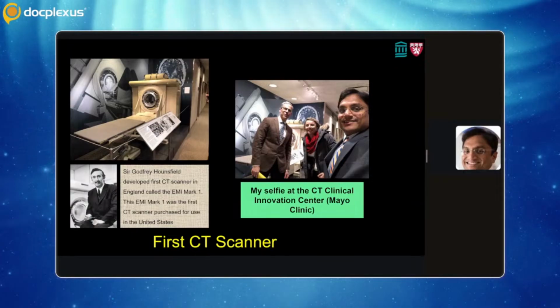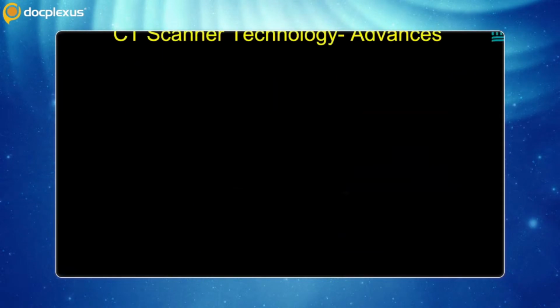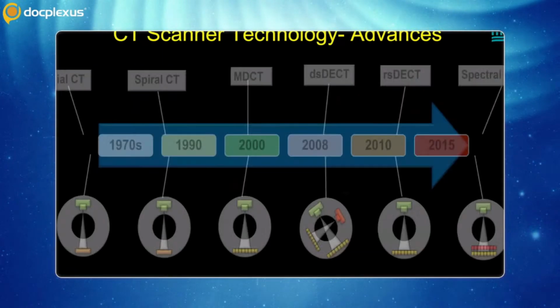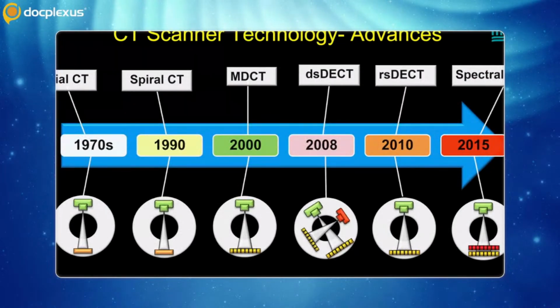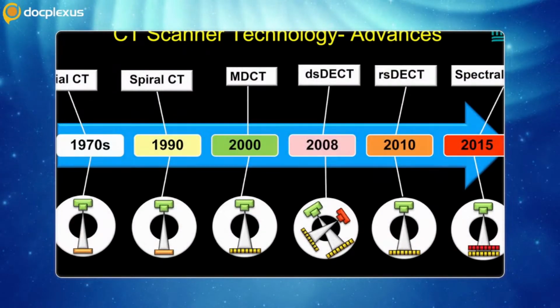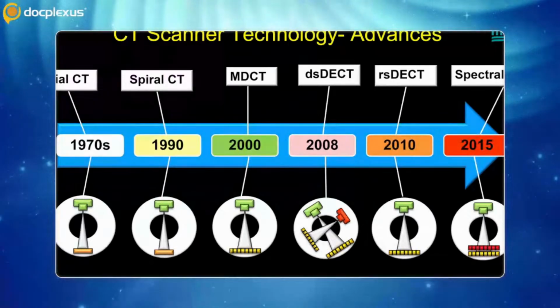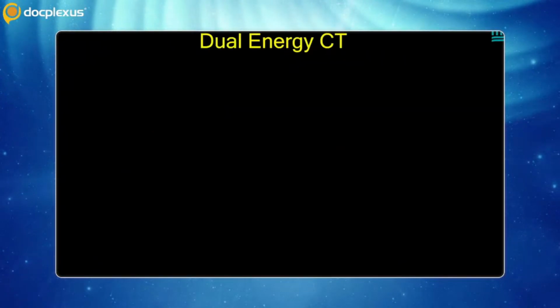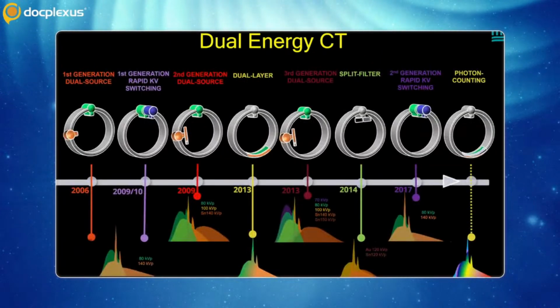Now, ever since the introduction and installation of the first CT scanner, there have been tremendous technological advancements in CT scanner technology, ranging from introduction of spiral CT, multi-detector CT, dual energy CT, and now the most recent entrant being the photon counting CT. Even in the realm of dual energy CT, there has been incredible growth with development of multiple different types of spectral imaging platforms.